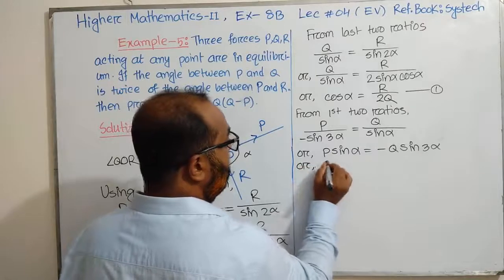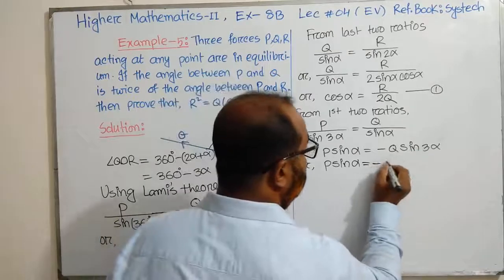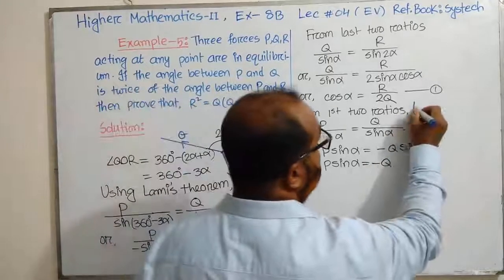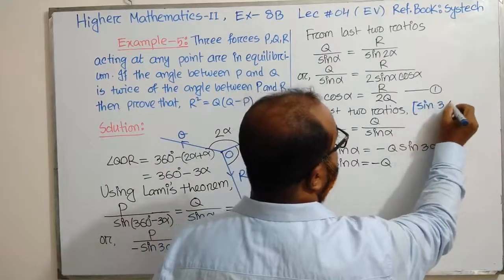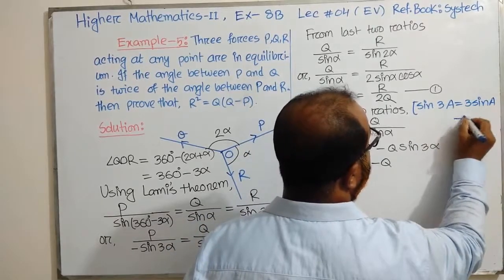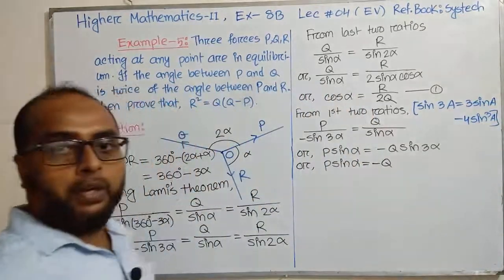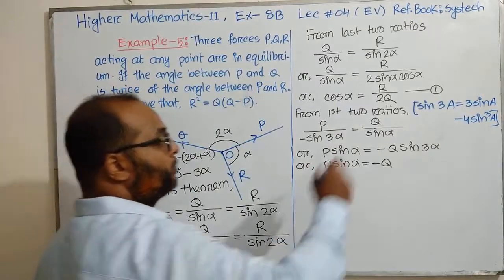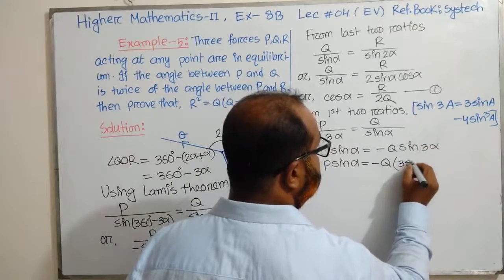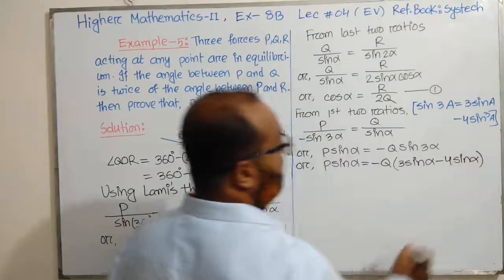Here you know the formula of sine 3A equals 3 sine A minus 4 sine cube A. Here we have to use this formula, so we can write P sine alpha equals minus Q into 3 sine alpha minus 4 sine cube alpha.